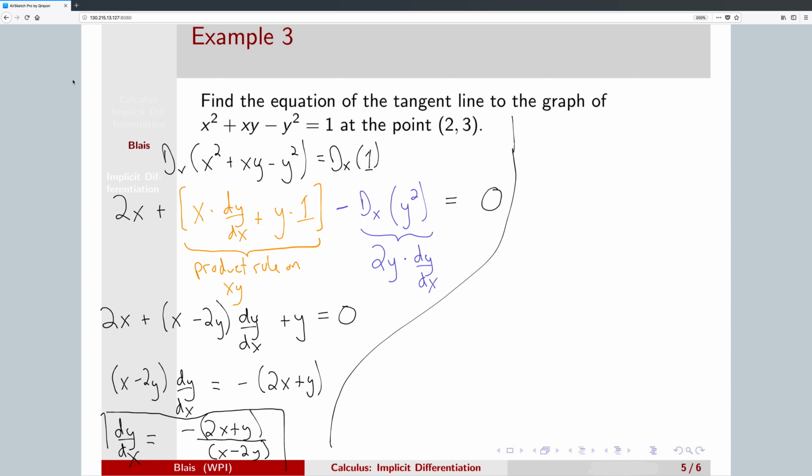So dy dx at the point 2, 3, we plug 2, 3 in here. And so we get negative of 2 times 2 plus 3. So again, plugging in 2 for x and 3 for y. And then in the denominator, we get 2 minus 2 times 3.